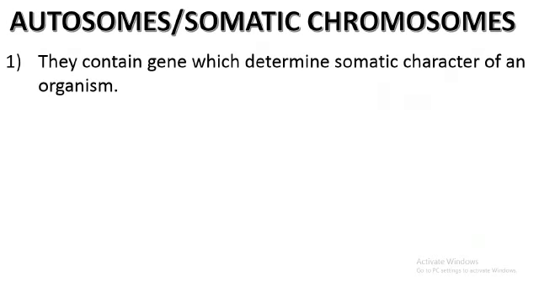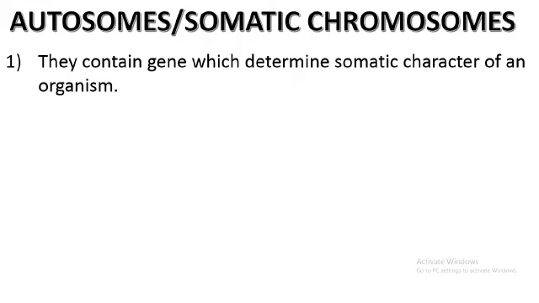These are the chromosomes that carry genes which determine the somatic characters of an organism. What do we mean by somatic characters? These are the chromosomes which transfer genes from parents to offspring pertaining to the development of normal body characters.